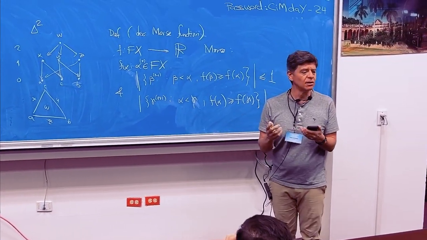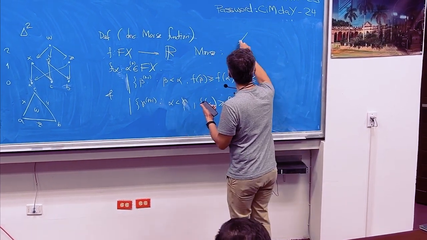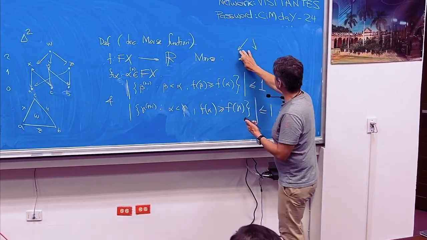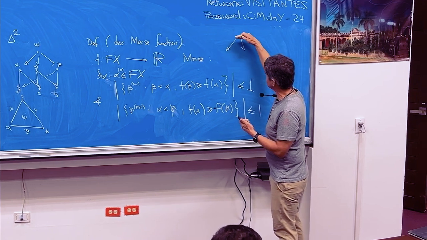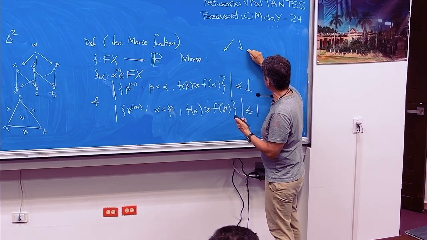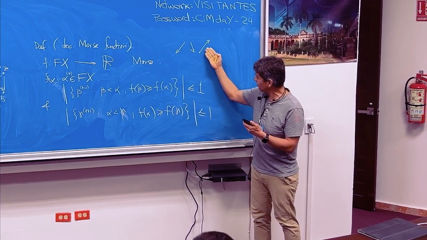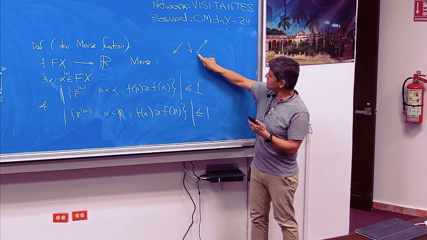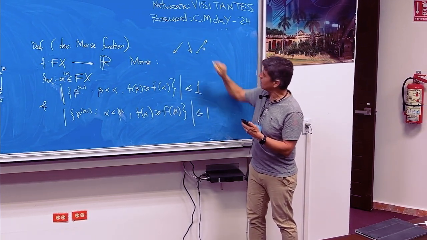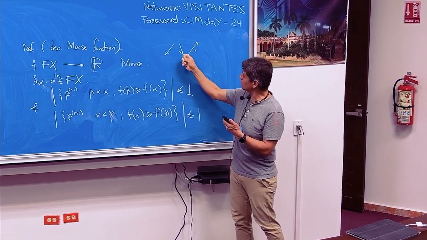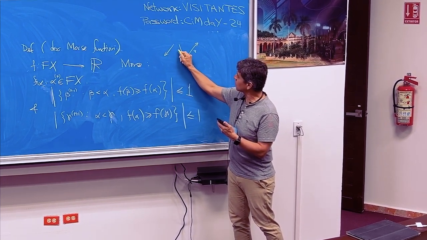Is it clear? The point is that in the Hasse diagram, the arrows point from higher dimensional cells to lower dimensional ones. Whenever I reverse an arrow, it goes the other way, whereas the ones that do not increase are the original ones.